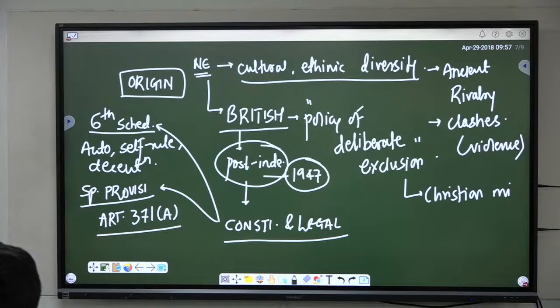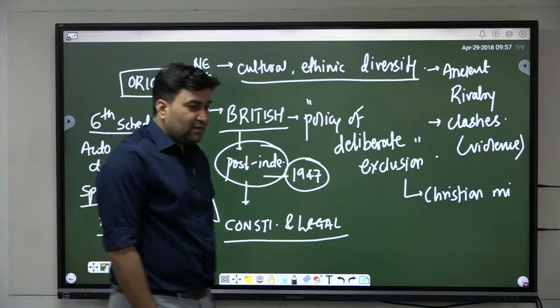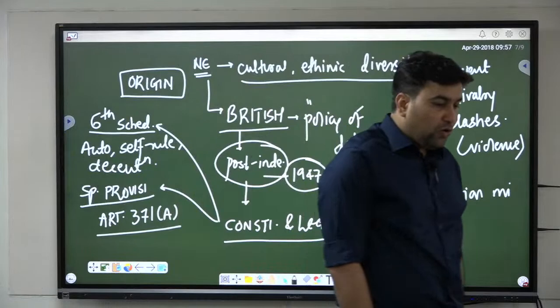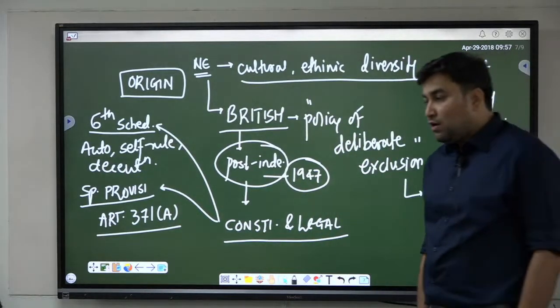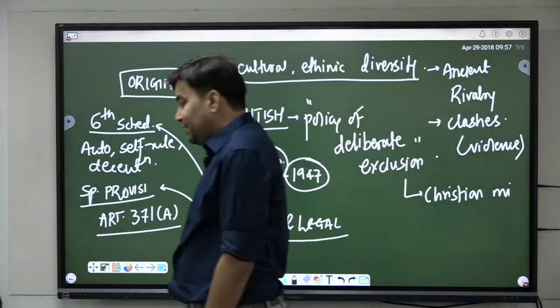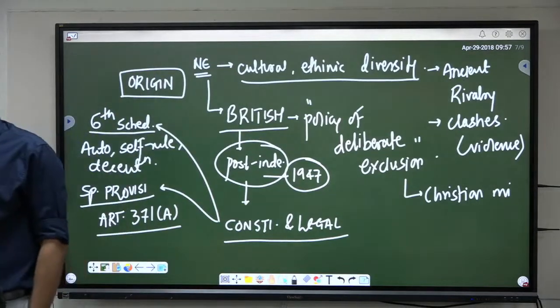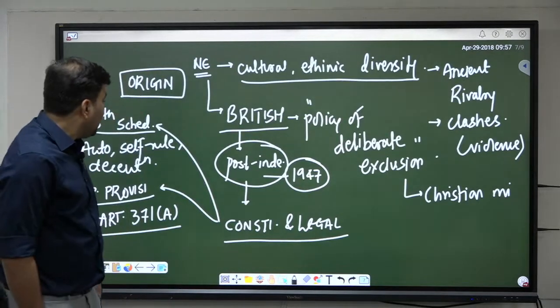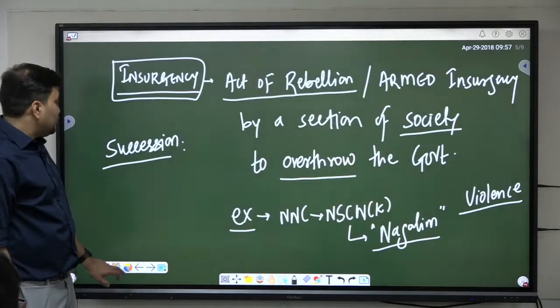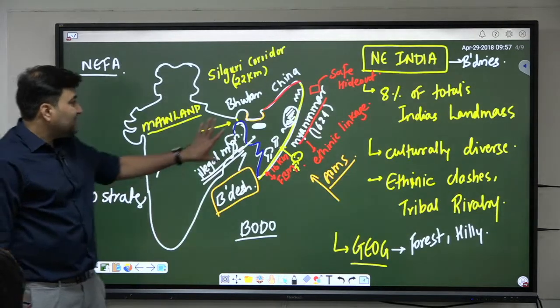Next point. Later, GOI, that is Government of India, also formed different states.